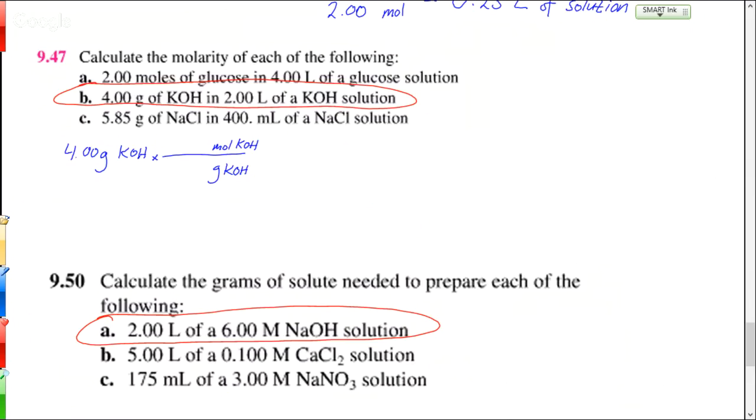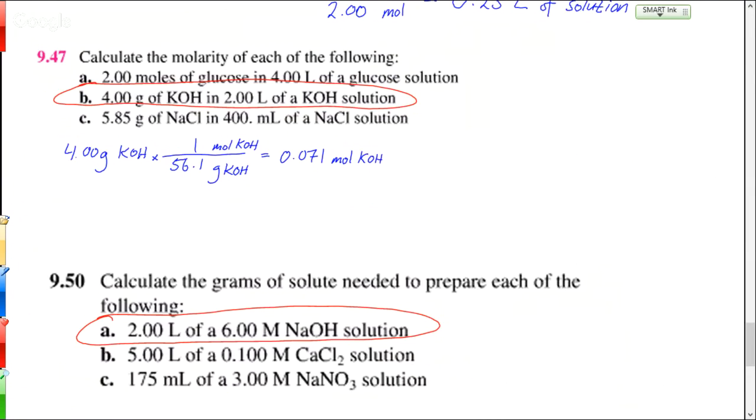So that's 39.1 plus 16 plus 1. So that's 56.1. Is that right? Yeah, okay. That's right. So 56.1 grams per mole. And what do you get if you divide those two? 0.071. Okay, so that's our moles of KOH.